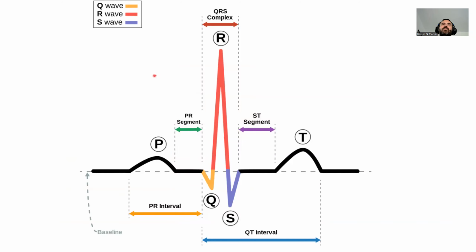All right. So I know we just looked at that crazy 12 lead. Now we're breaking it back down simple for us again. So this is a nice illustrated, labeled example of a normal heartbeat represented on a telemetry strip.